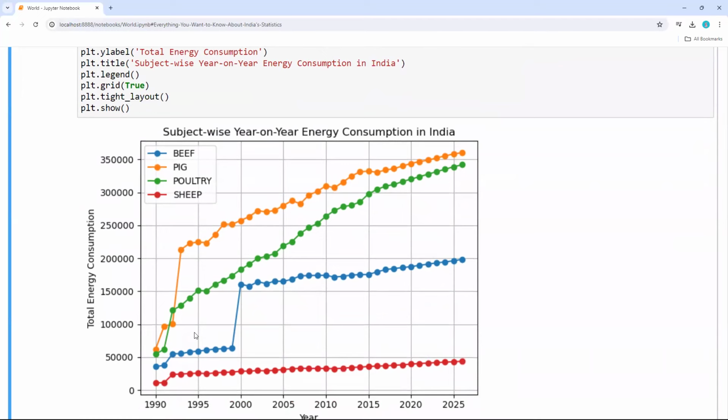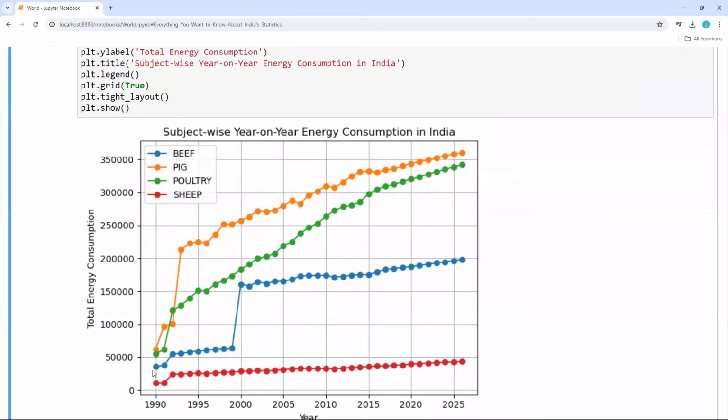So don't get confused by thinking more people are consuming beef and pig. That is incorrect. These numbers are not normalized, so they are in different units, kilograms and tons.